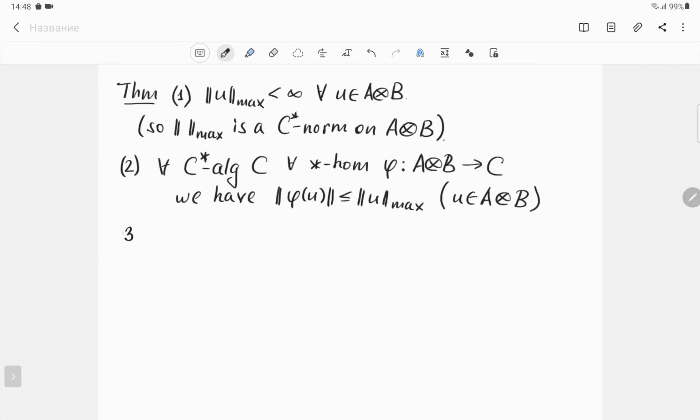This property implies the next one, part 3, namely the maximal C-star norm is indeed the largest C-star norm on the algebraic tensor product.